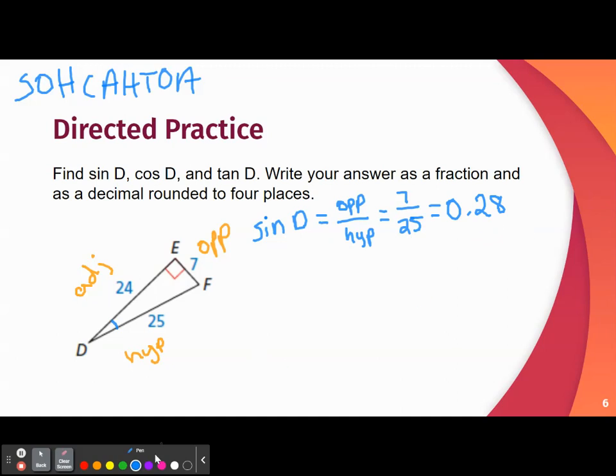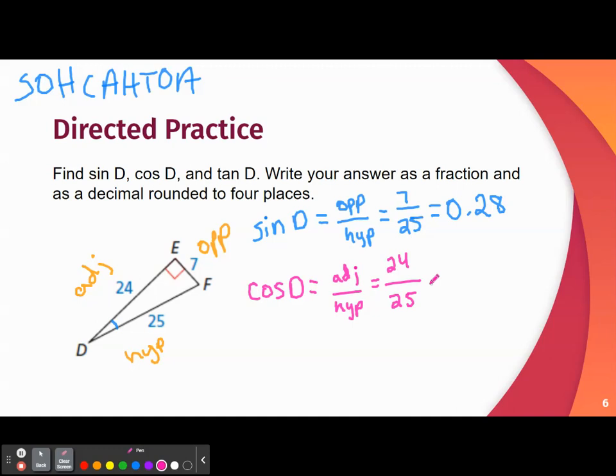It's exact. Perfect. All right, let's do cosine of D. Braxton, what's the formula for cosine of D? Adjacent over hypotenuse. And what side is adjacent? 24. And what side's the hypotenuse? 25. Can I reduce that?